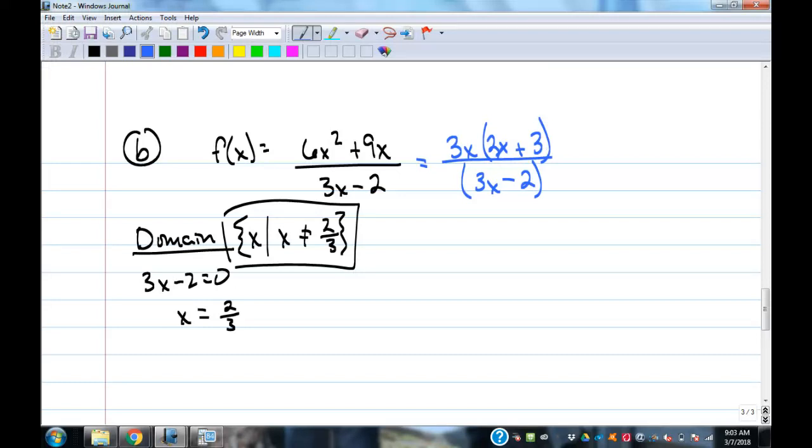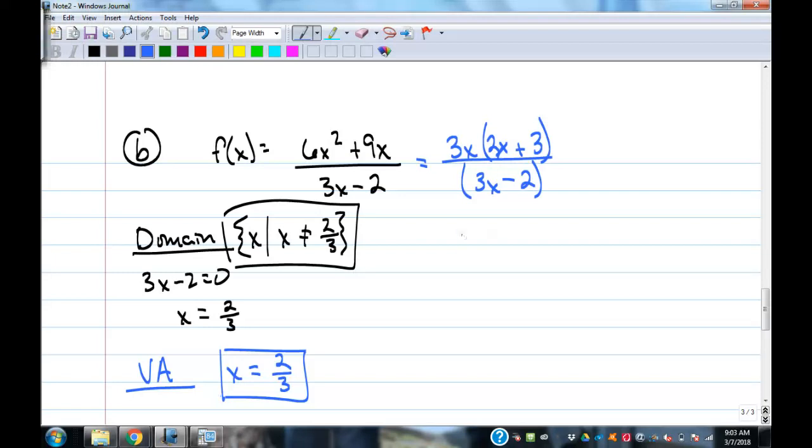If nothing cancels, you don't have a hole in the graph. So that saves you a little work there toward the end. So nothing canceled. So what does that mean about our vertical asymptotes? It's only x equals 2 over 3, because we had that and nothing canceled.